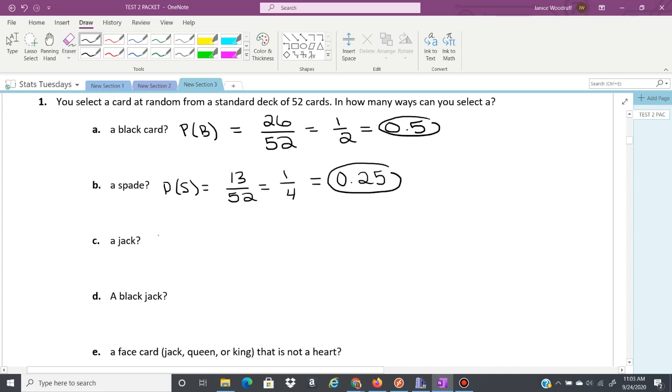All right, a jack. How many jacks are there? Yeah, 4 jacks. One of each suit out of 52 cards. That's 1 in 13, which we did was 0.077. And then a black jack.